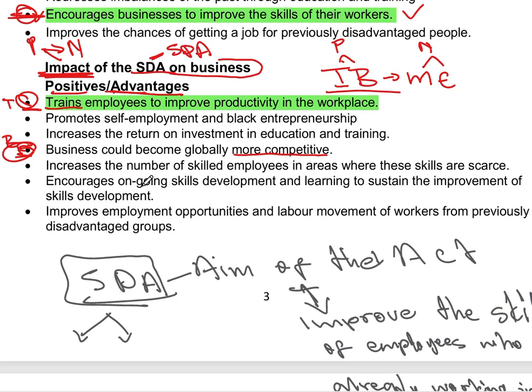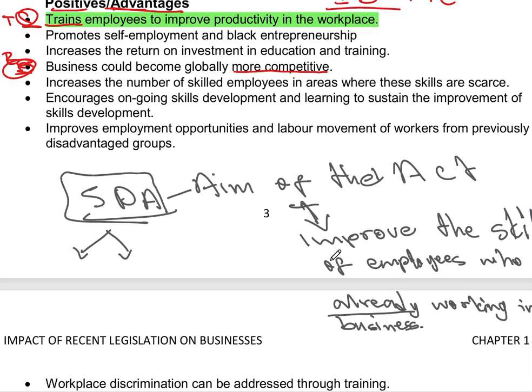Remember the Skills Development Act, the aim of the act is to improve the skills of employees who are already working in the business. So we, as the owners or the directors or the foreman, whoever is in control, will realize that there are employees who are lacking this type of skill. So what we need to do is send them to Skills Development Act.